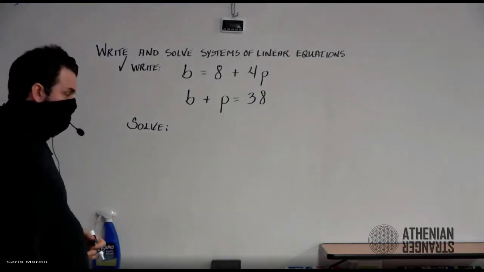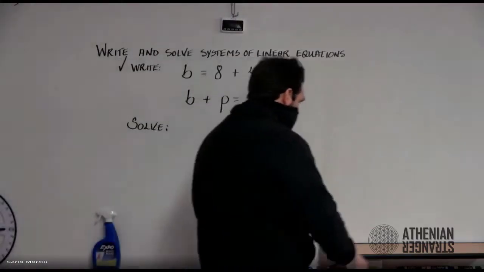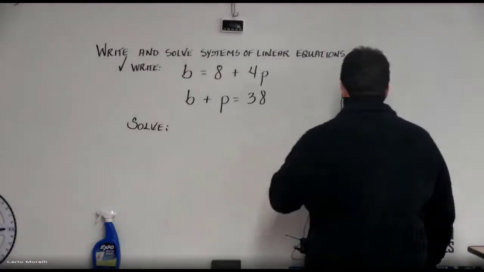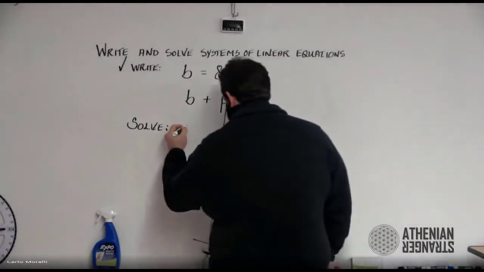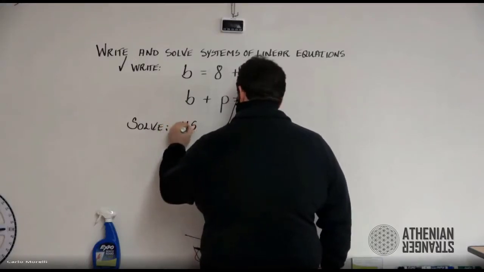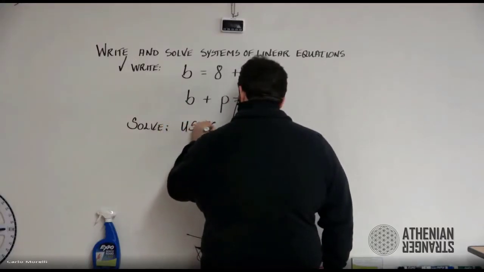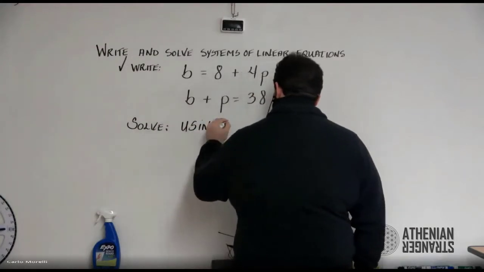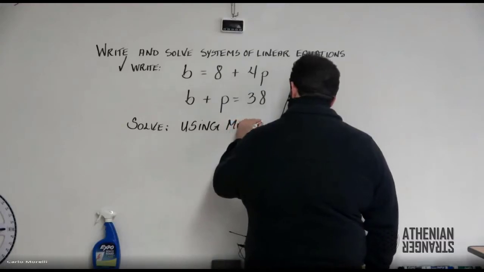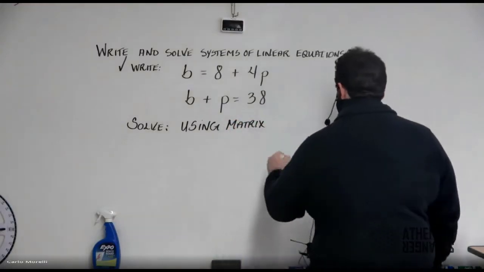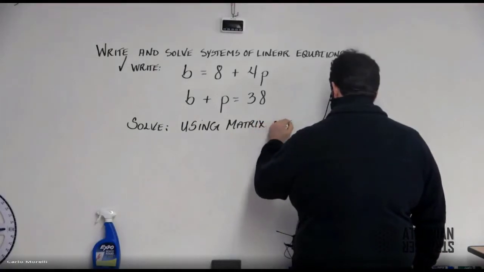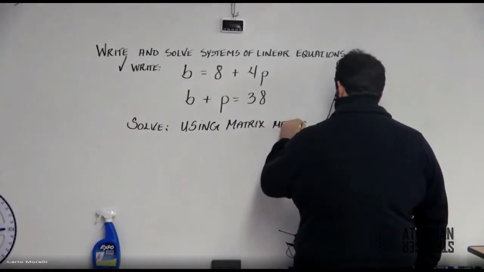So now how do I go from here to actually knowing what B equals, P equals? The first thing I need to do, we're going to use the matrix method here. This is using technology, which is allowed. There are other methods to use. The two most common are substitution and elimination.